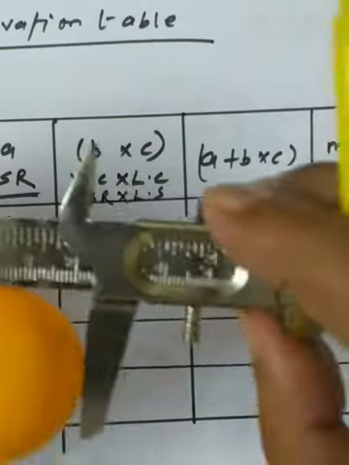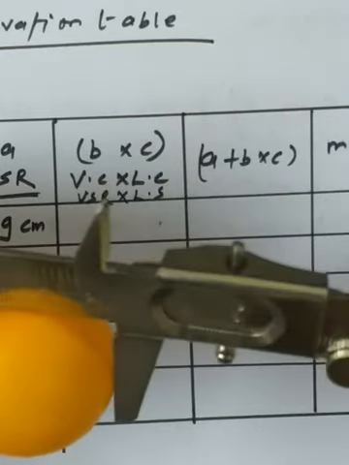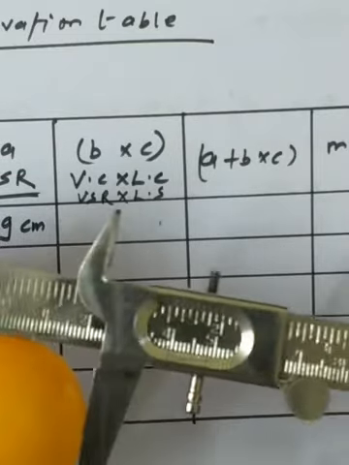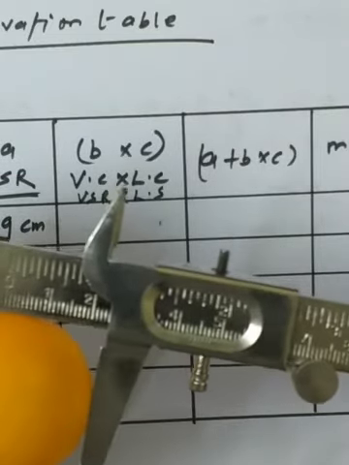Now the next target is to find the vernier constant, which is the line of the vernier scale that matches best with the main scale.